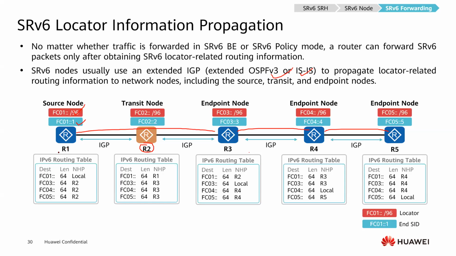For example, in R1, it knows FC01:: is local, and for FC03::3, the next hop will be R2. The rest is the same. It will create an IP routing table, and the SRv6 packet will be forwarded based on those routing tables.